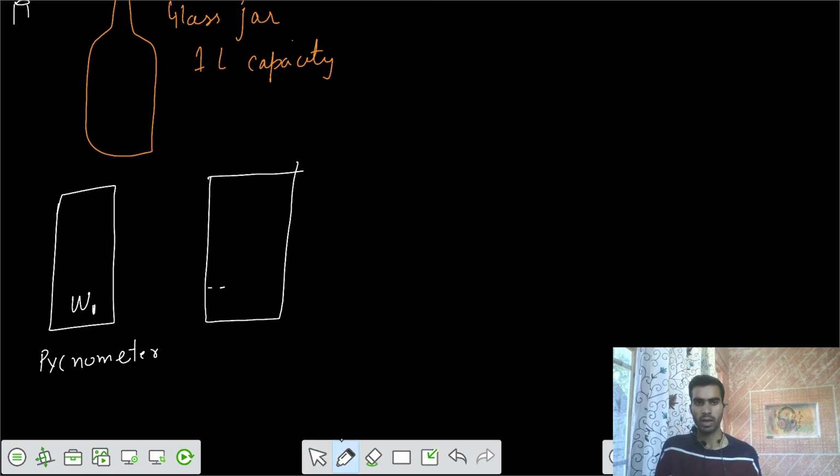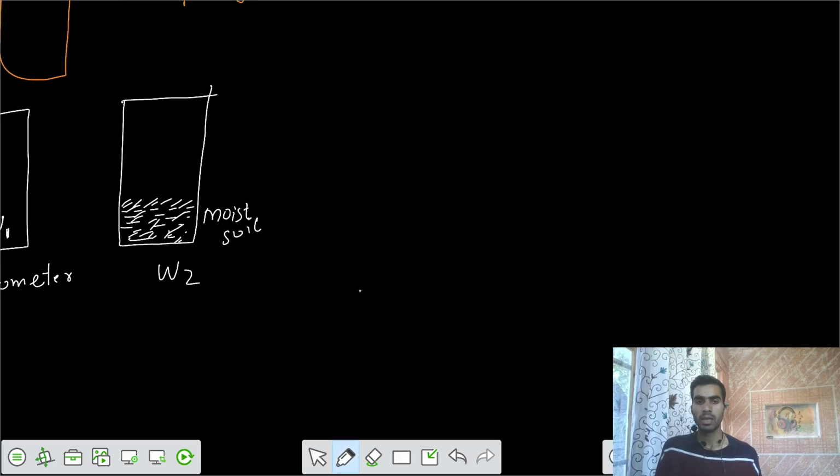Let's say this is our soil, and we can say this is moist soil, because we need to calculate water content. That means there should be some water inside the soil. That's your moist soil. Let's say this is W2, that is weight of moist soil plus weight of pycnometer. That is W2.